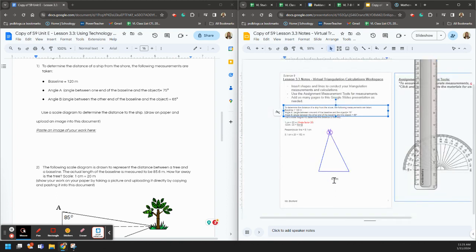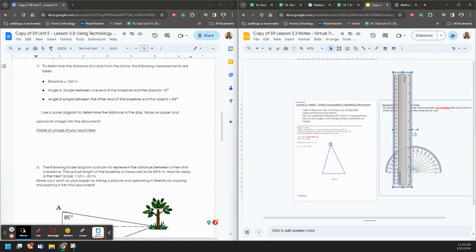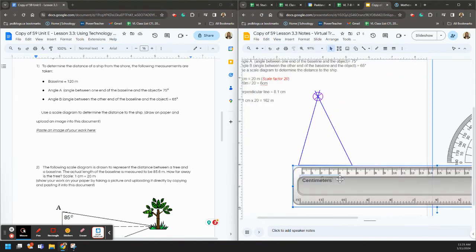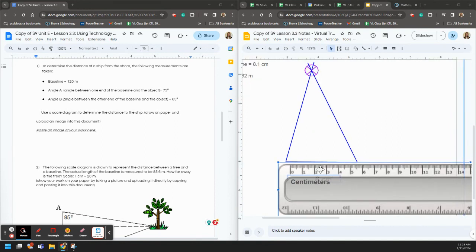For the workspace, you're going to want to use the ruler and the protractor provided. Keep in mind that it's very important that you do not adjust the size of the ruler so that you can achieve the most accurate measurement possible.